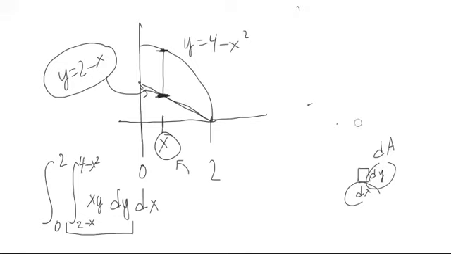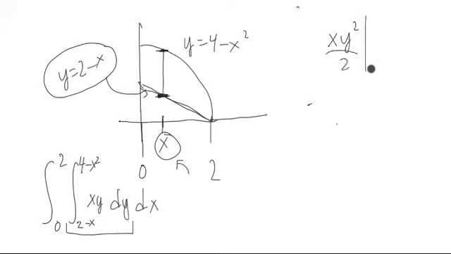So first we start with the inner integral. We just iterate through them. Remember in this inner integral, y is the variable, x is serving like a constant. So we take the integral of x times y with respect to y, where x is like a constant, so we end up getting xy squared over 2.